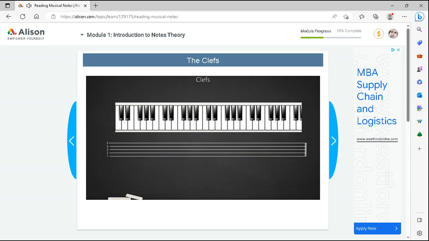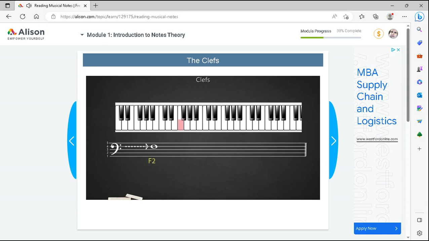In order to fit all the music in the staff, we have the clefs. F clef is for the lower bass notes. And G clef is for the higher notes. The starting spot of every clef gives the name to the note in the staff.